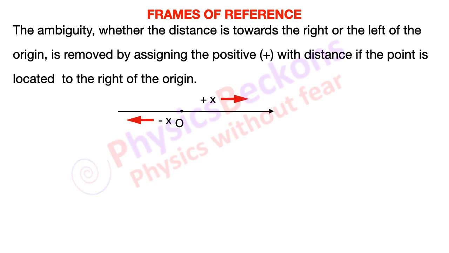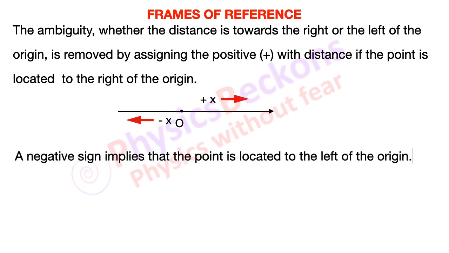That is, if we have a point, say call some point P to the right of O, we will call its distance as positive distance. Likewise, negative sign implies that the point is located to the left of the origin.